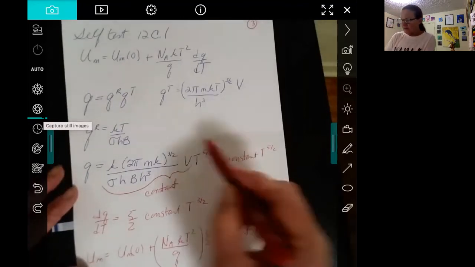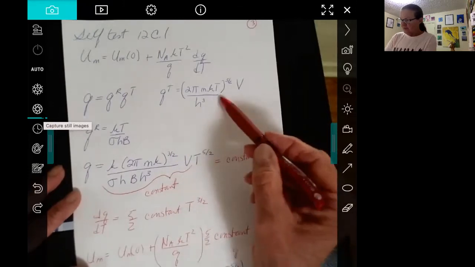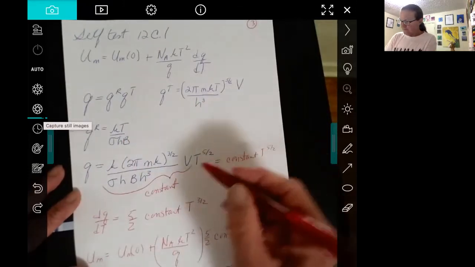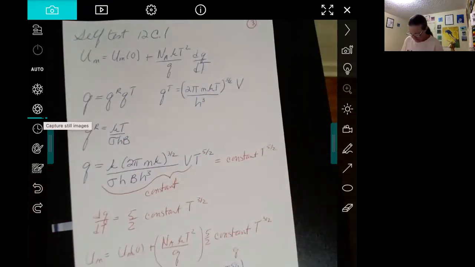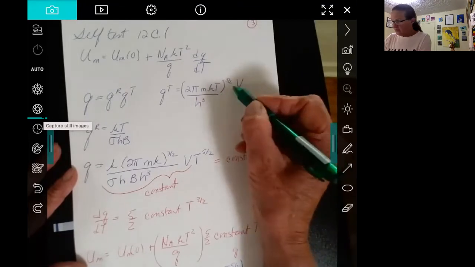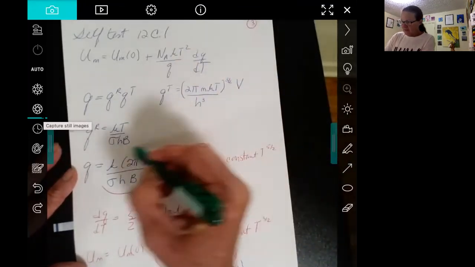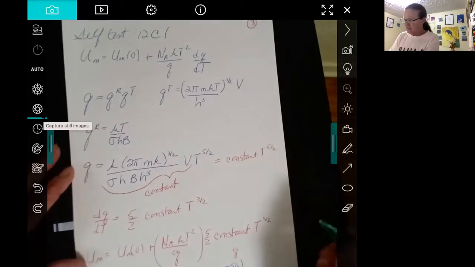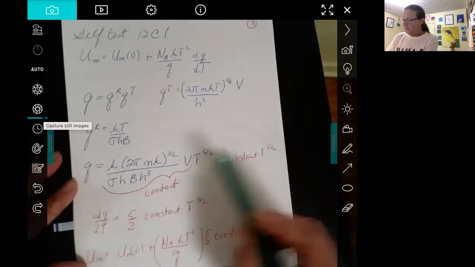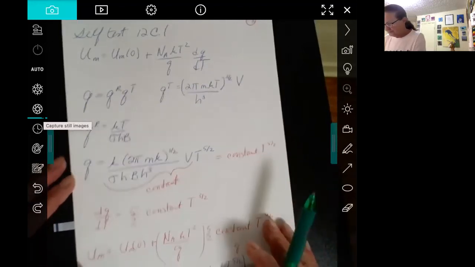So if we write out the entire q, which is just a product of those two, I've just multiplied these all out. What we end up with, the important thing to notice, is that it's a function of T to the 5 halves. We had T to the 3 halves and T, so that's T to the 5 halves. And then all this other stuff is just a bunch of constants. So q equals a constant times T to the 5 halves.